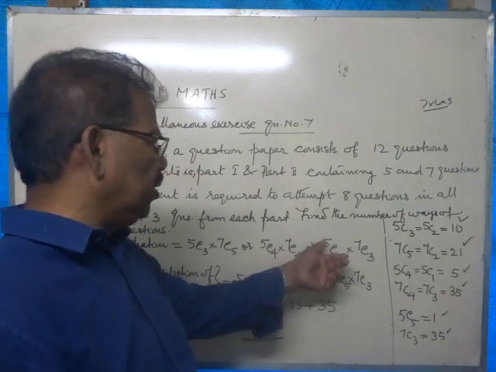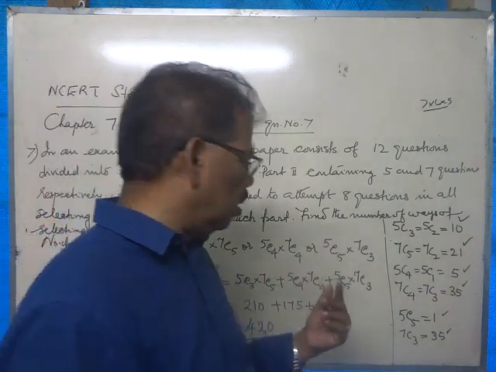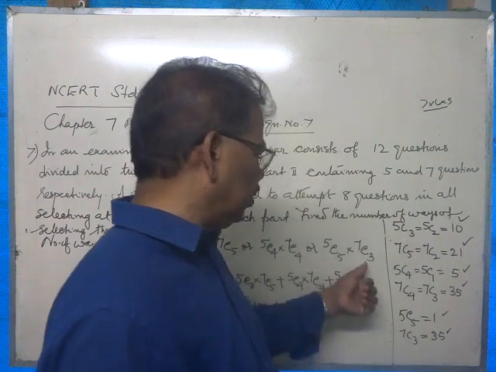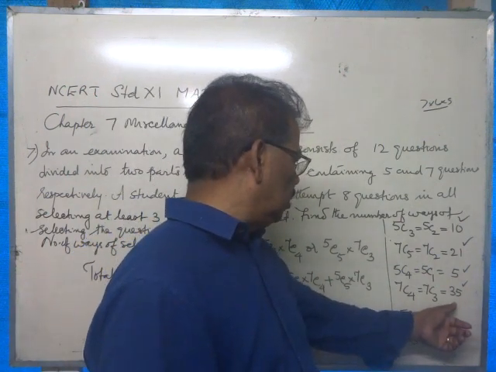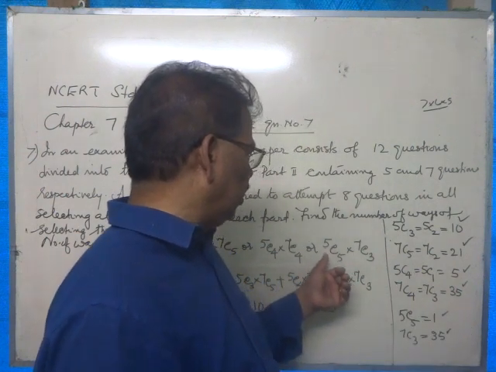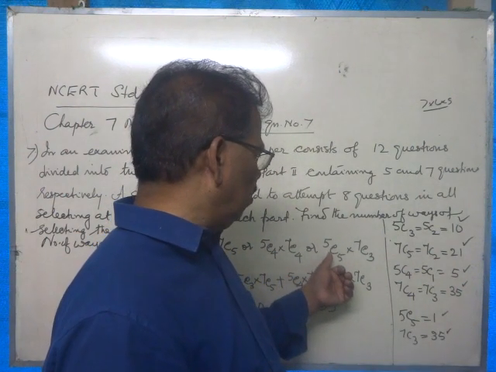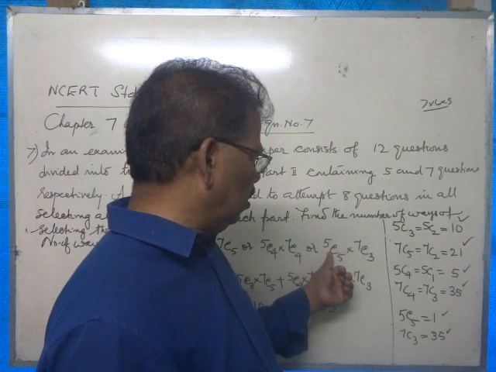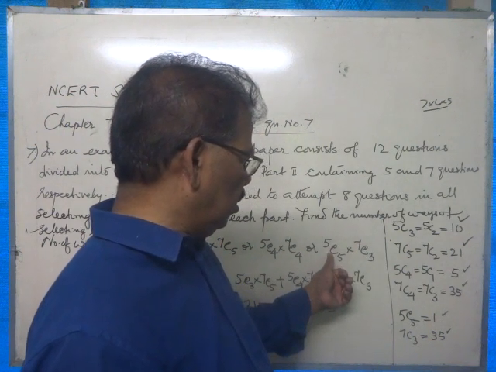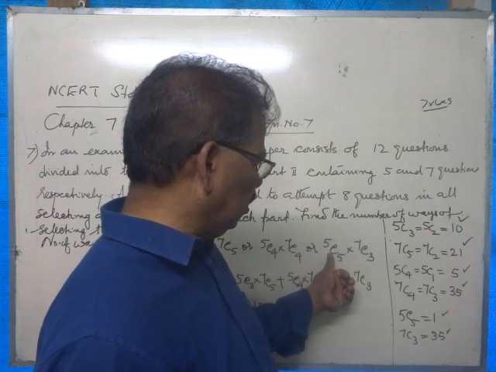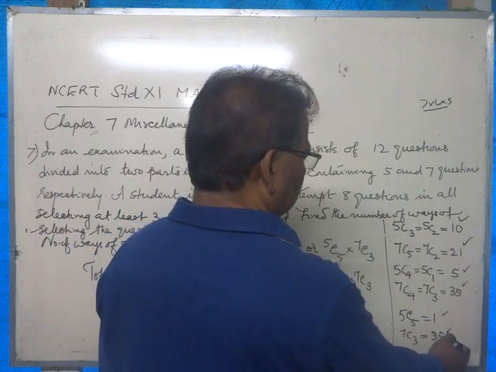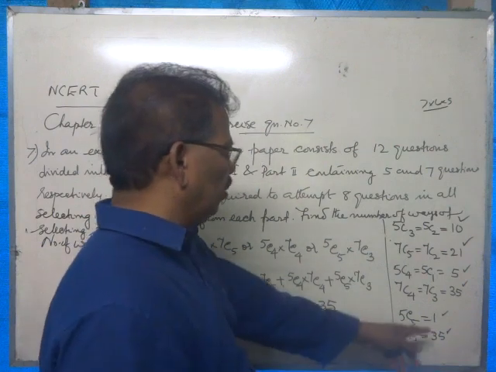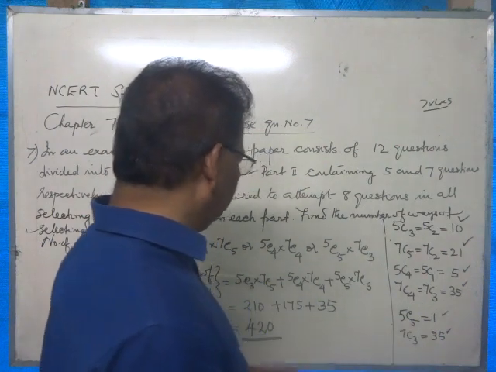Then 5C5 means 1. 1 into 7C3. 5C5 is 5C0, that is 1 itself. Yes, correct. Then 7C3 is 35. 35 into 1, that is 35 itself.